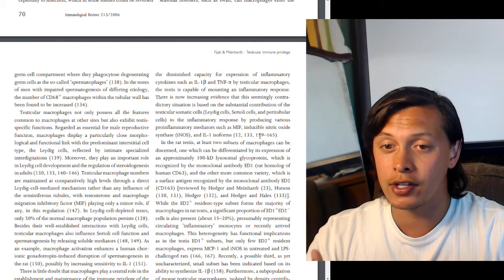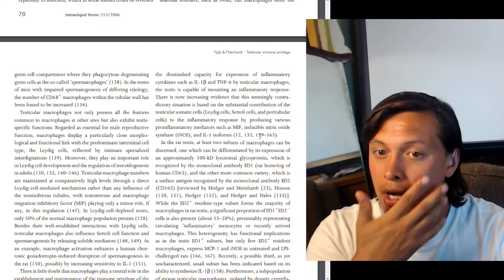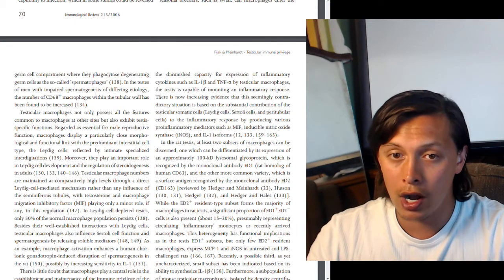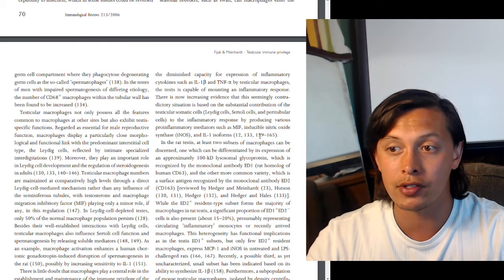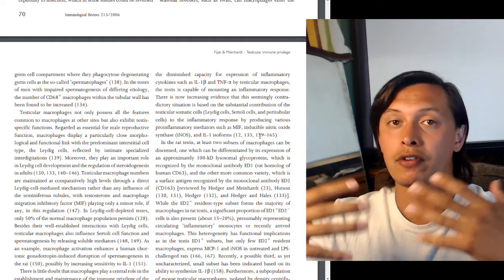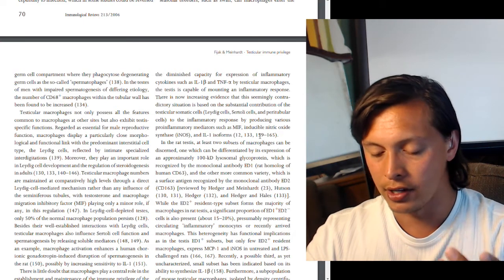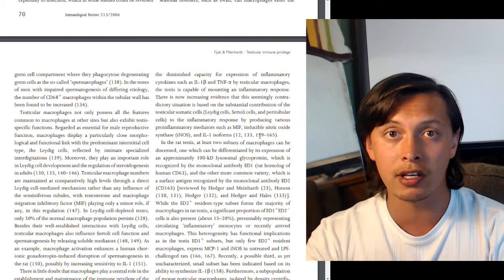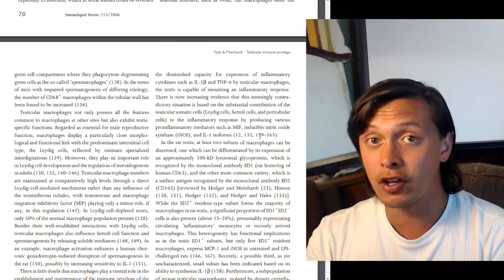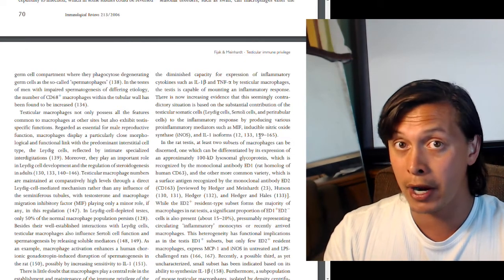But it appears as though the mediators of this inflammatory response are coming from the Leydig cells, Sertoli cells, and the peritubular cells. So whatever cells are in the testicles, those are playing an active role in suppressing the immune response of the testes, even though the immune cells themselves also have impaired abilities.